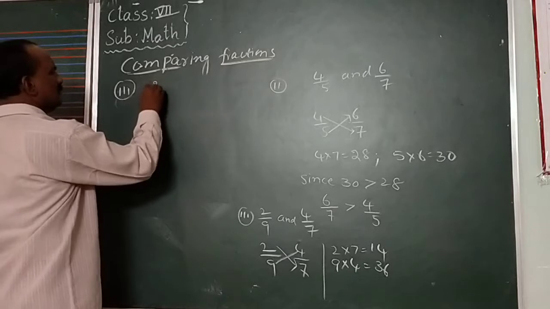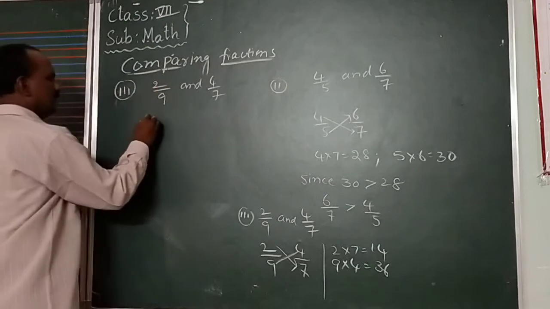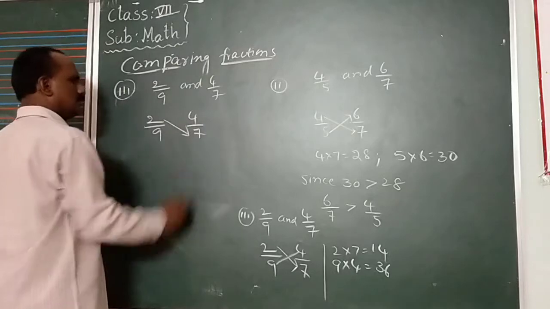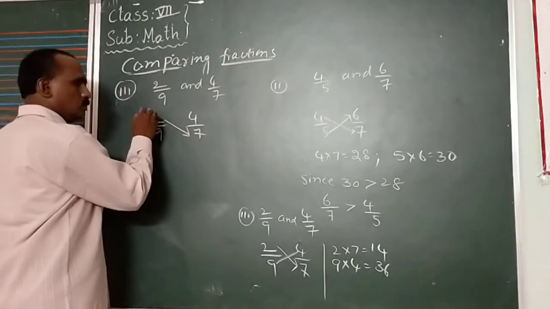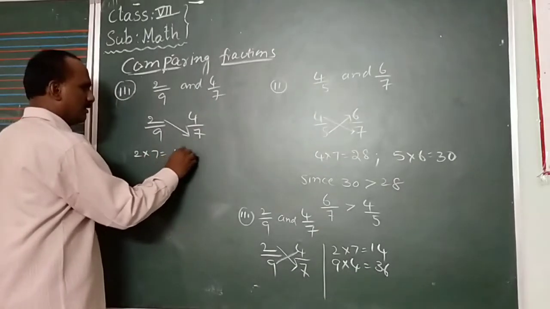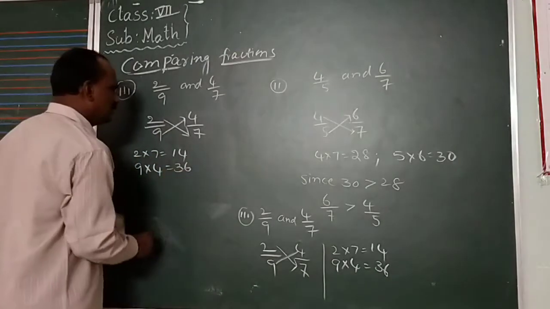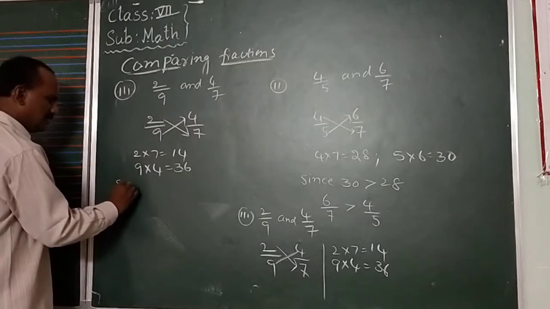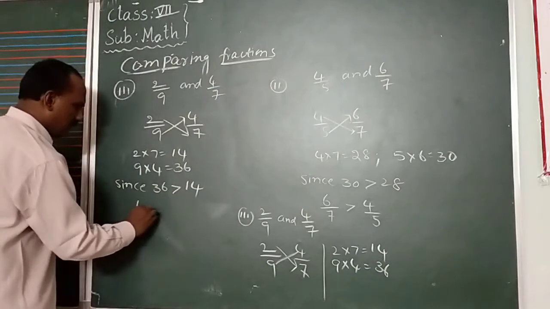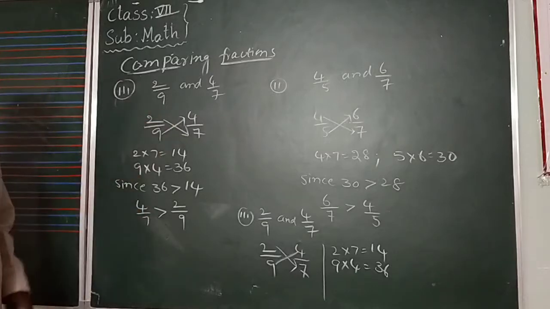Listen. Multiply the numerator of the first fraction and the denominator of the second fraction: 2 into 7 is 14. 9 fours are 36. Which is greater? Since 36 is greater than 14, 4/7 is greater than 2/9.